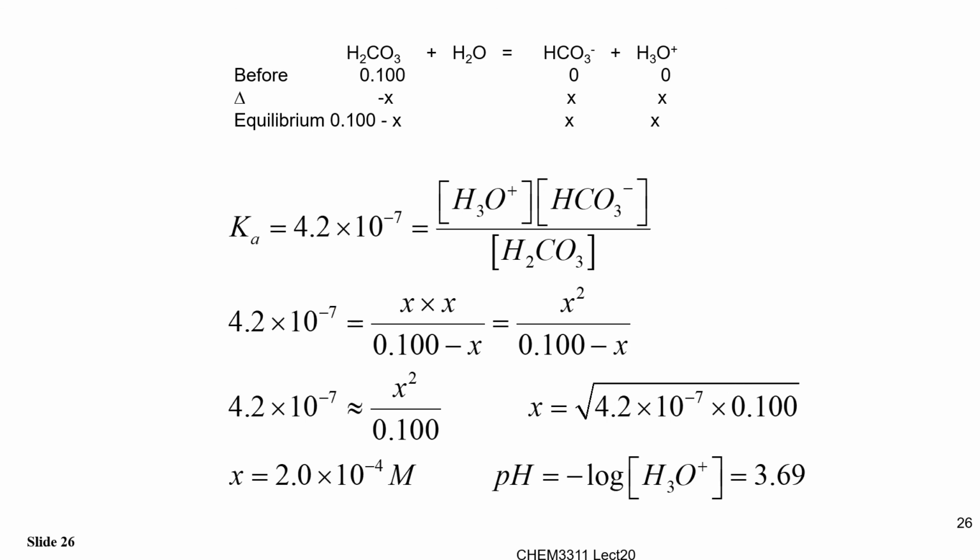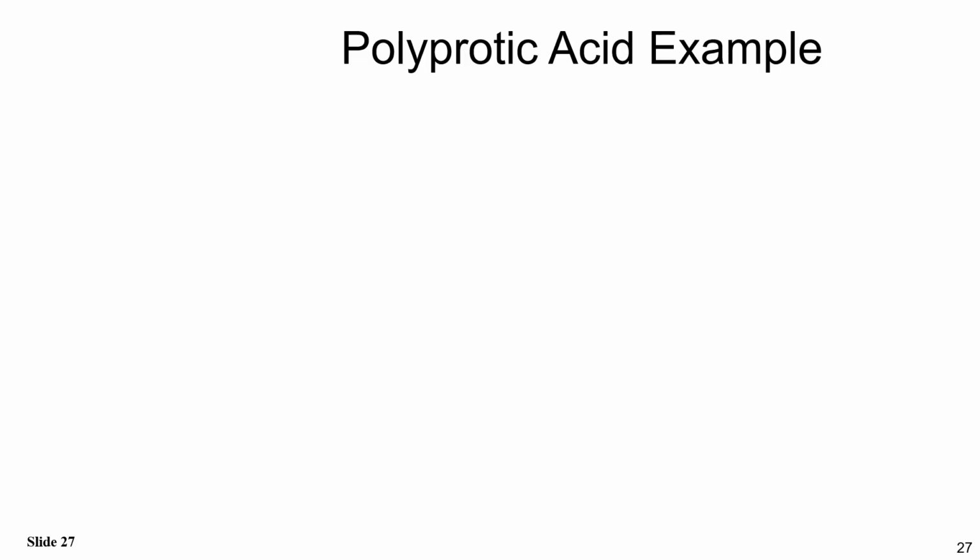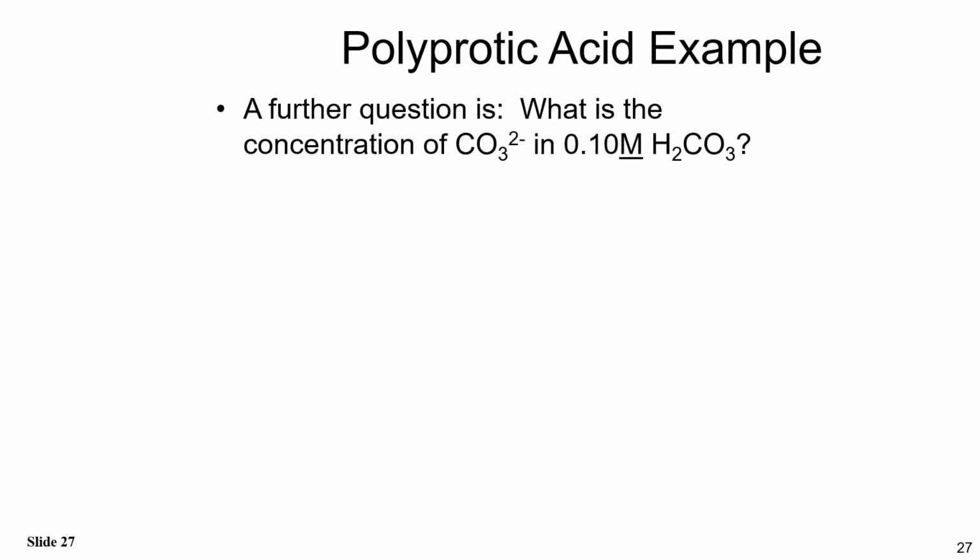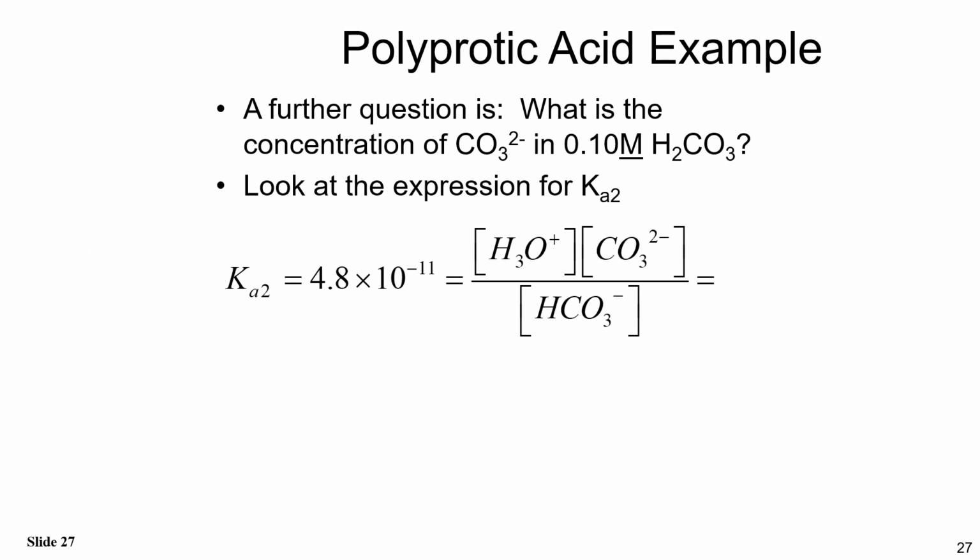Okay, now remember, x is going to give me both the concentrations of hydrogen carbonate and hydronium. Because we're going to ask another question. What happens with the second ionization? What's the concentration of carbonate that comes from the second ionization? So let's look at its expression.